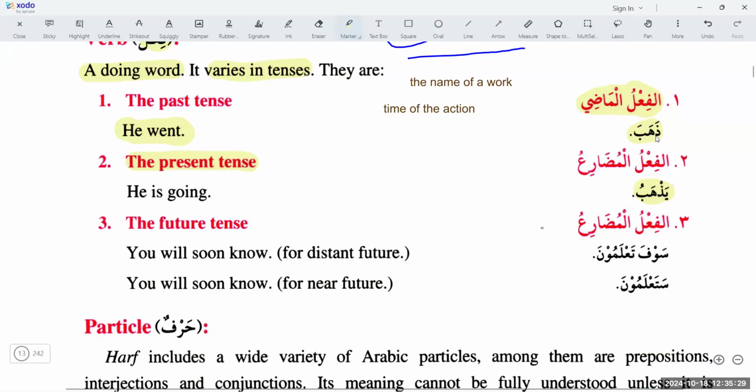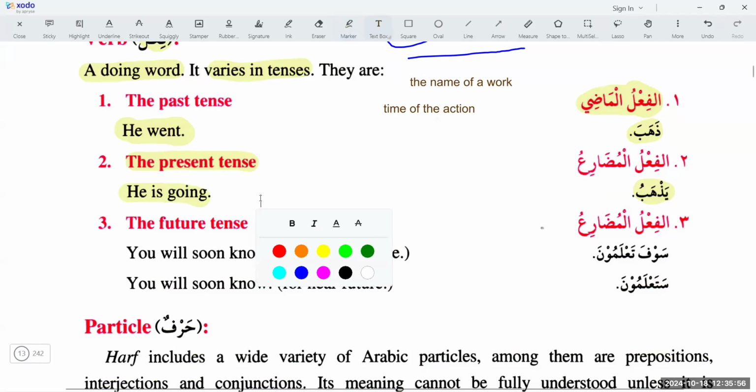In the past, it is zahaba, and in the present, it becomes yazhabu. So it varies in the tenses. Yazhabu, he is going, he goes or he is going.